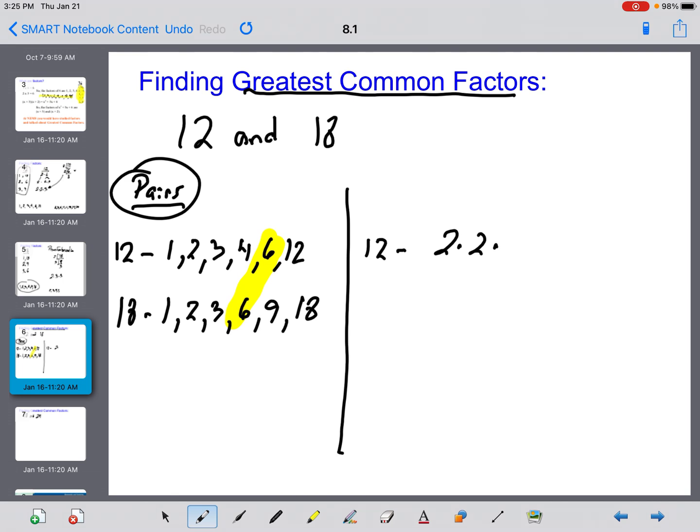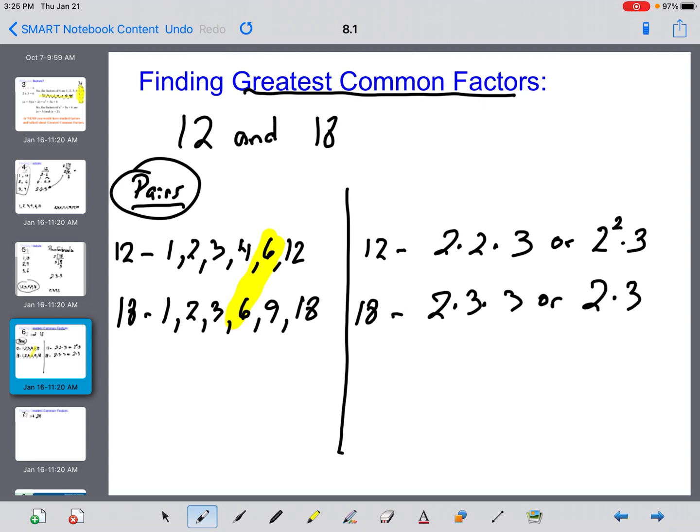Let's look at the prime factorization of 12. We said 12 was 2 times 2 times 3, or I could call it 2 squared times 3. 18 is 2 times 3 times 3, or we could call it 2 times 3 squared.